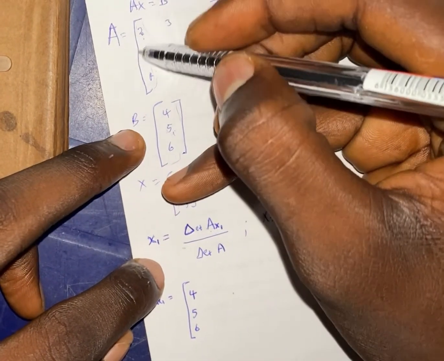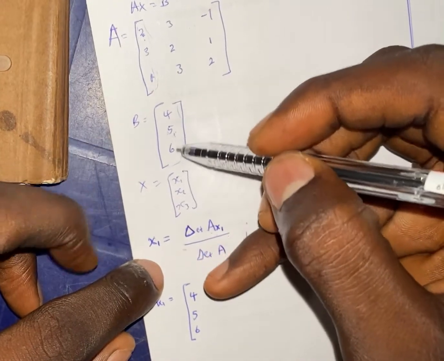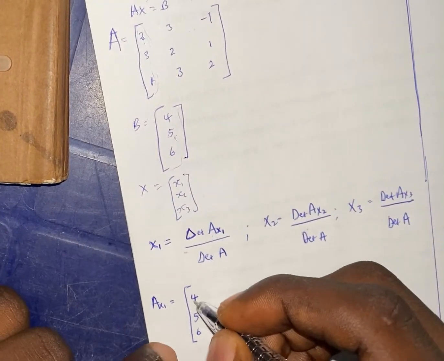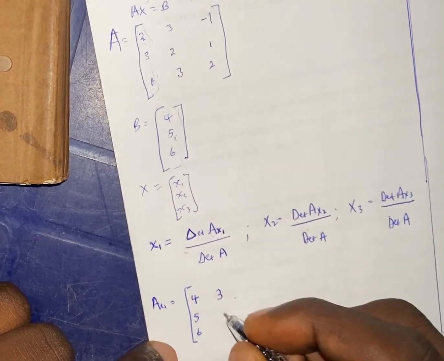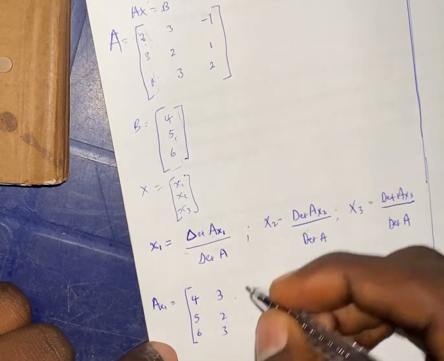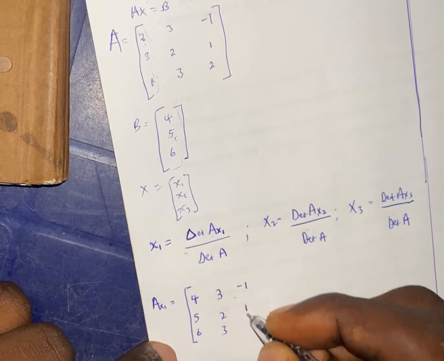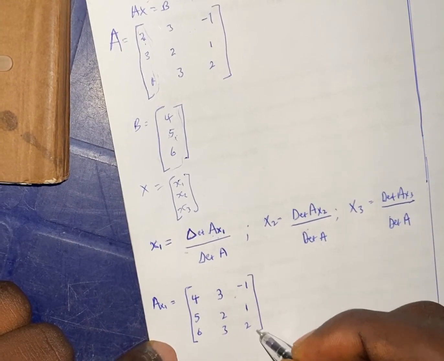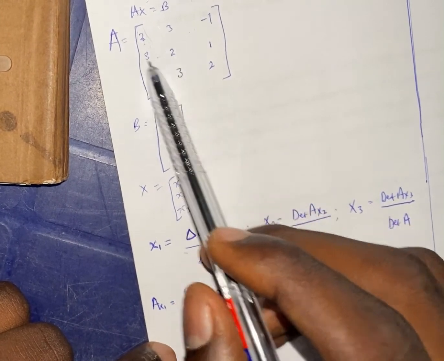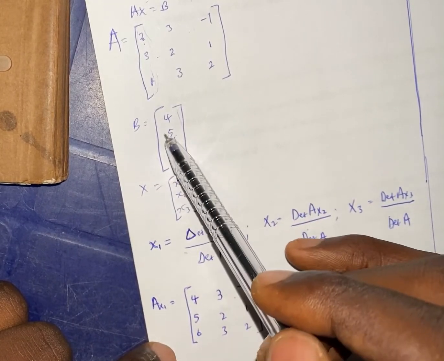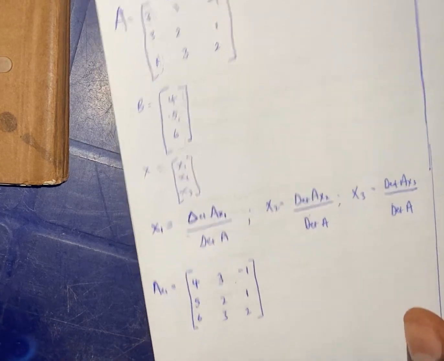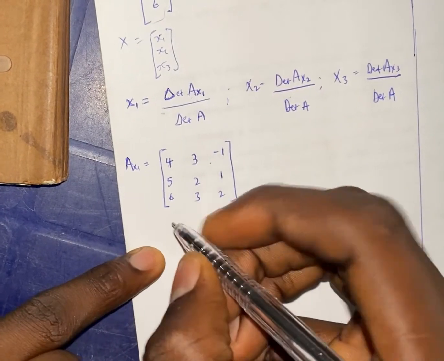So you remove this column and replace it by the solution. So you have 4, 5, 6, 3, 2, 3, minus 1, 1 and 2. The only thing that changes is that the column for x1 is no more there, but we are replacing it by the solution. Now let's find the determinant of this.